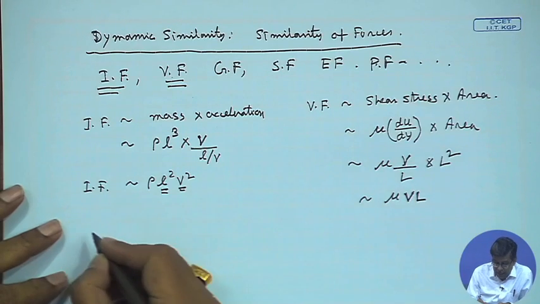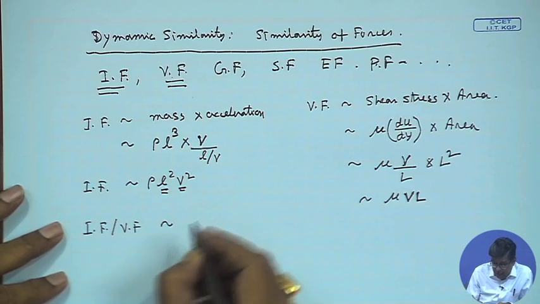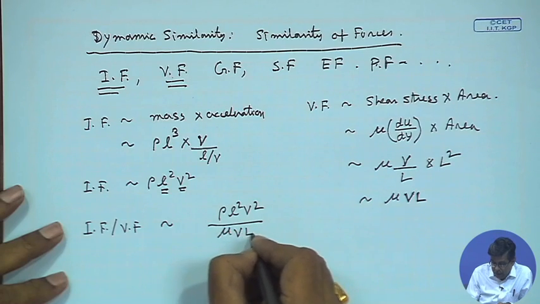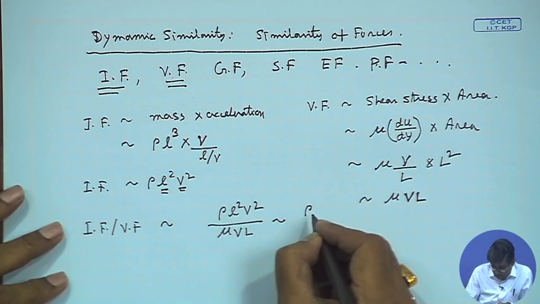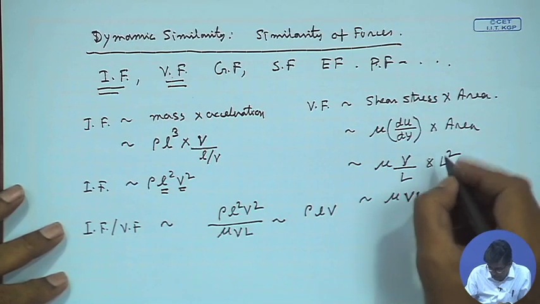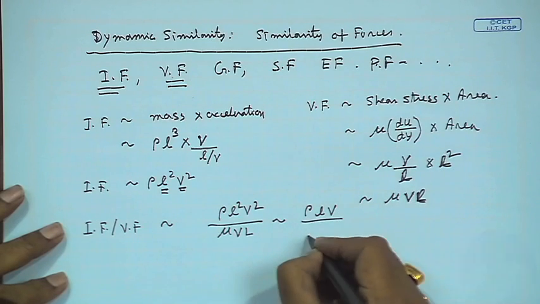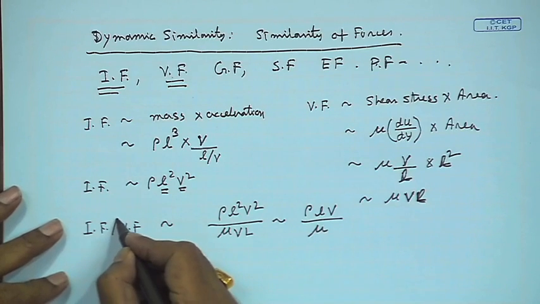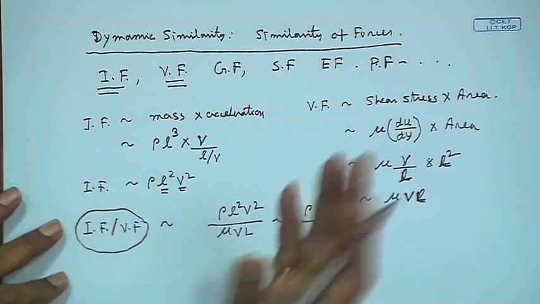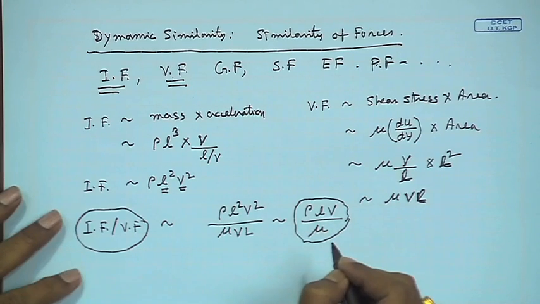So, this can be expressed in terms of area, characteristic velocity and length as mu V L. Therefore, inertia force by viscous force by scaling is proportional to rho L squared V squared by mu V L, which equals rho L V by mu, the same L. So, if we have to keep the inertia force by viscous force ratio same for both these systems between which the physical similarity is sought, we have to keep the combination of these variables same in both the cases.